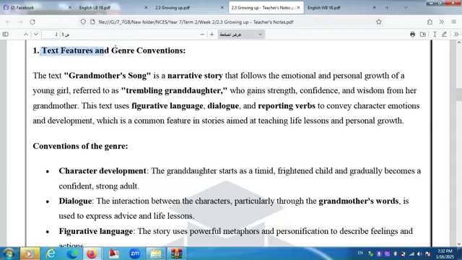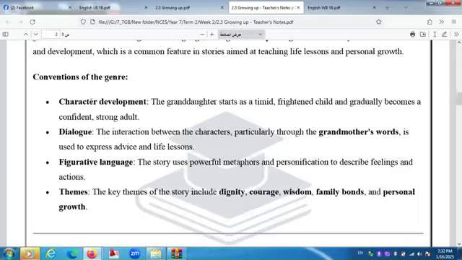I'm talking about the text features and the genre conventions of extracts 5 and 6. Conventions or characteristics of the genre, the narrative, character development. The granddaughter starts as a timid, frightened child and gradually becomes a confident and strong adult.